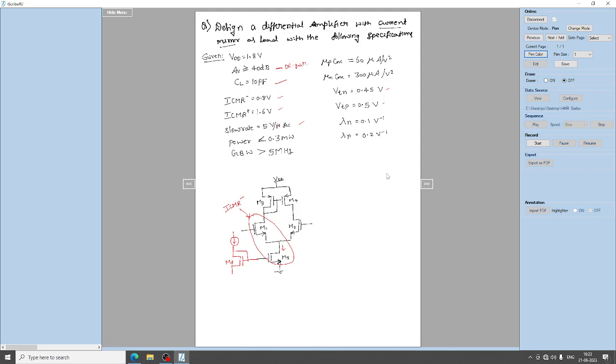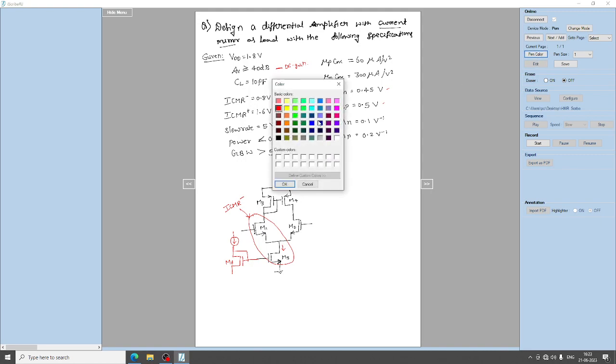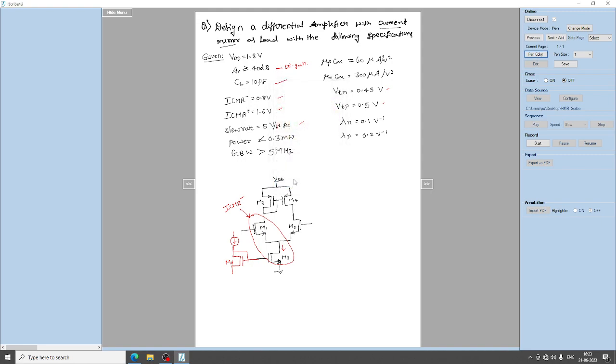Then by making use of ICMR maximum, we can find out the aspect ratio of M3 and M4.